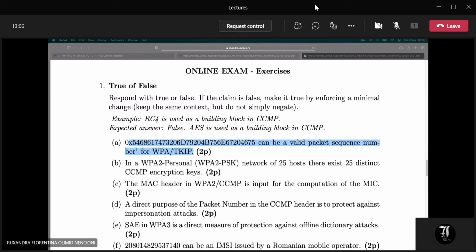Really good. So if we think about WPA or TKIP, we know, and I just search for the page.